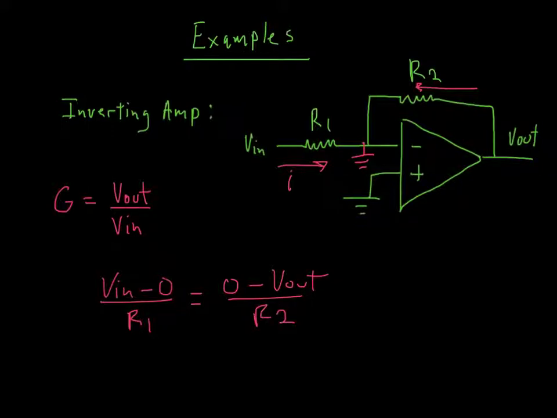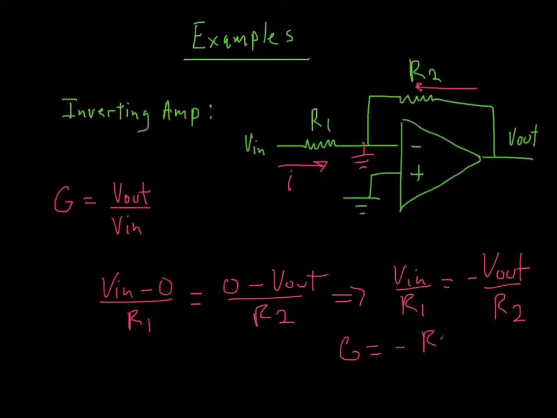Wow, this is looking pretty easy here. Can you see already that Vin over R1 is equal to minus V out over R2? So let's write that over here. We have Vin over R1 is equal to minus V out over R2. Cool, and we're basically at gain. So gain, which is V out over Vin, is just going to be minus R2 over R1.